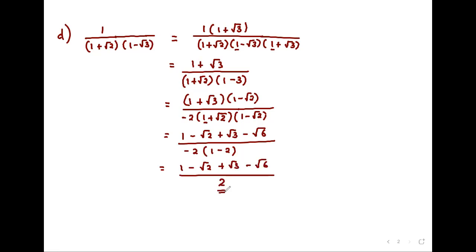So the idea is for you to stop rationalizing, you make sure that the denominator doesn't have a root. You get rid of all the roots.